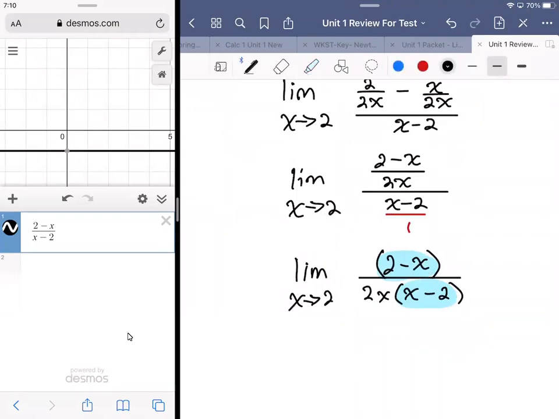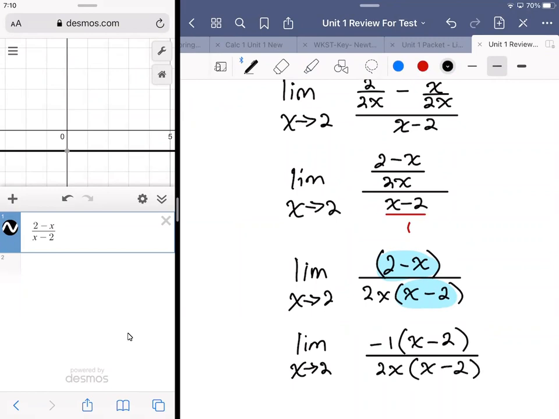If you're doing it algebraically, you have a common factor of -1 that can be taken out on top, which gives you an x minus 2 as a result. And you have your 2x and x minus 2. Those x minus 2's would cancel.